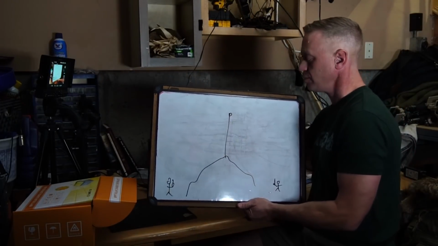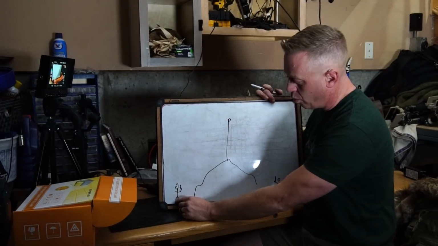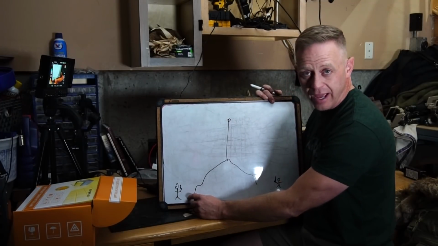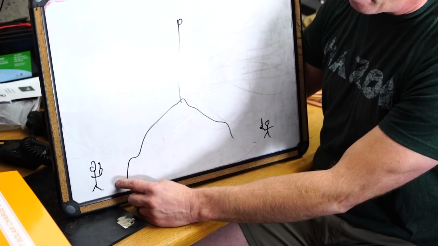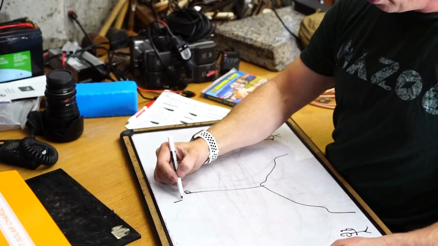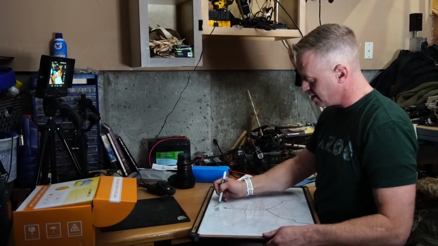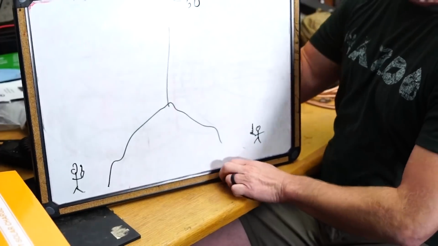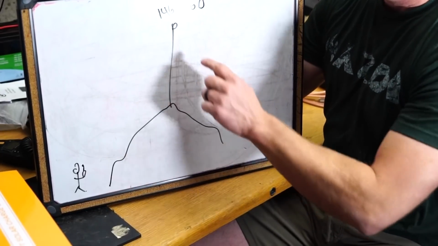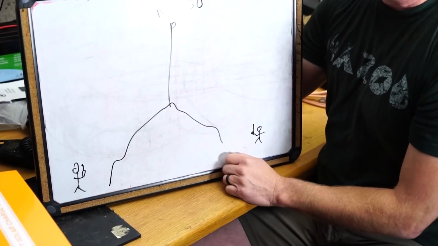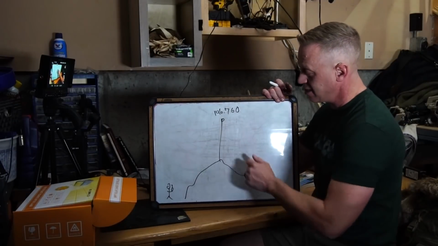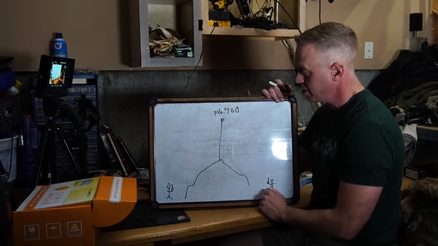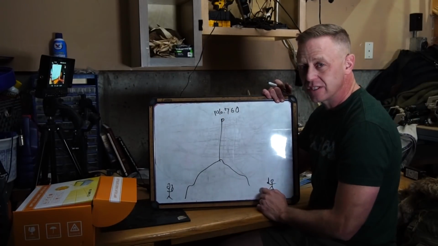So I'm going to use a local repeater we have here in Provo. It is the 146.760 repeater. And that is the transmitting frequency. So if I'm just driving down the road and I want to listen to the 7.6, I'm going to turn my radio to 146.760.